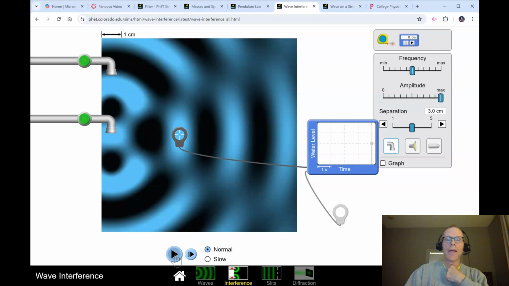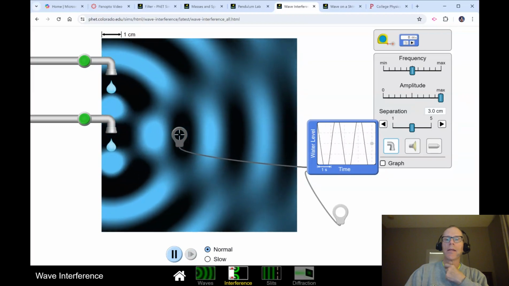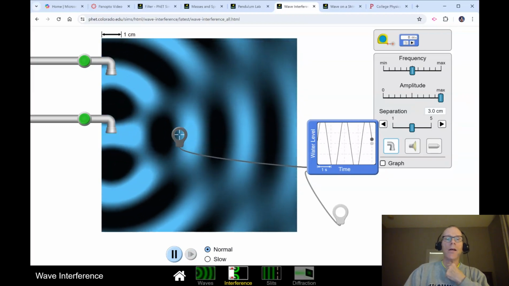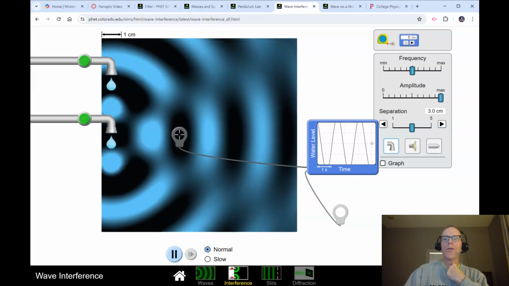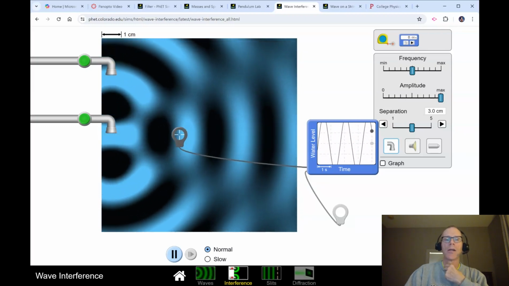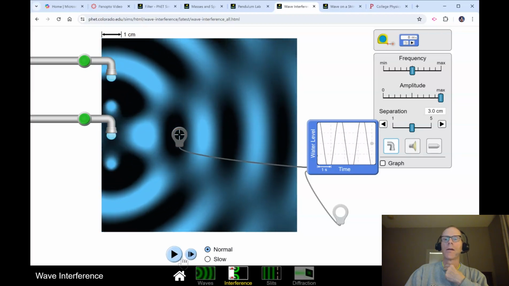So notice what happens as we play this. So right there, we've got a huge oscillation here. So you notice that it's so big a difference, high, low, and so on.